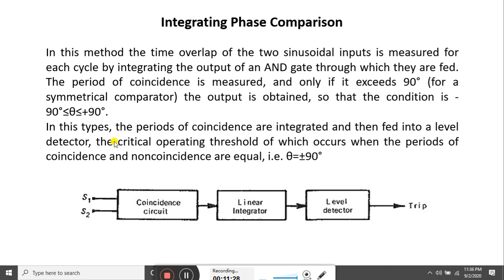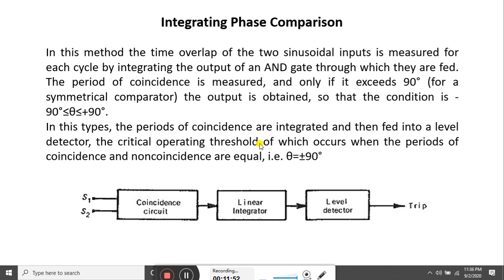In this type, the periods of coincidence are integrated and then fed into the level detector, the critical operating threshold of which occurs when the periods of coincidence and non-coincidence are equal, that is theta equal to plus minus 90 degrees.